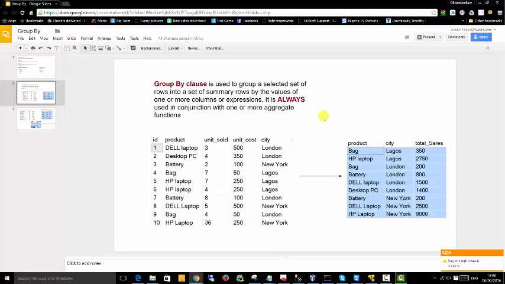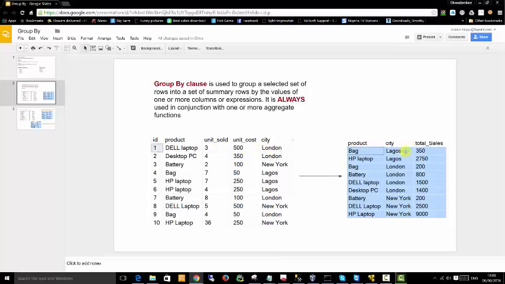Before I bring up my management studio, have a look at this data set. The one on the left, you can see that we have all the products, the units sold, unit cost. I'm actually going to change this unit cost to unit price because that's what it is. So we'll do that when we get into Management Studio.